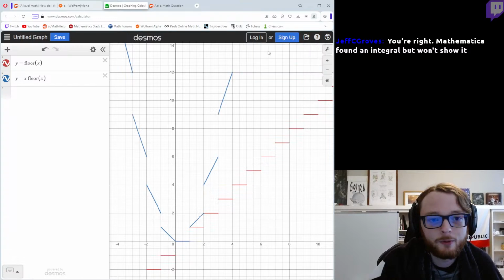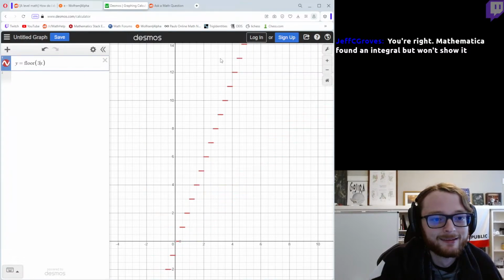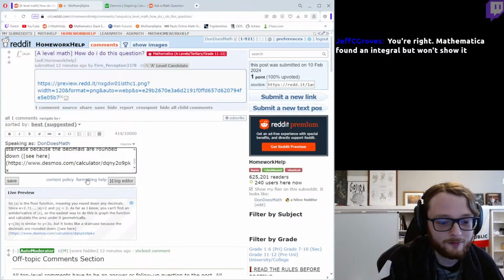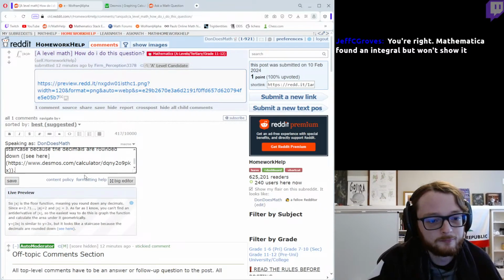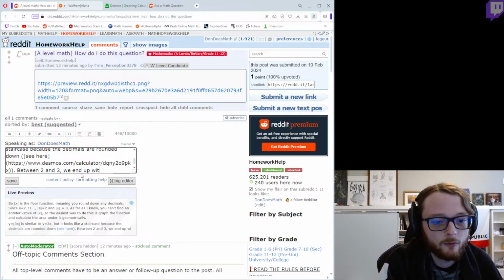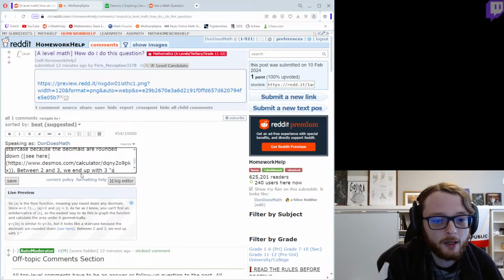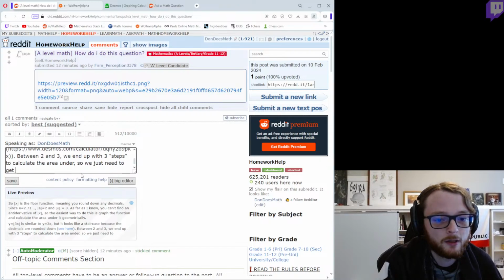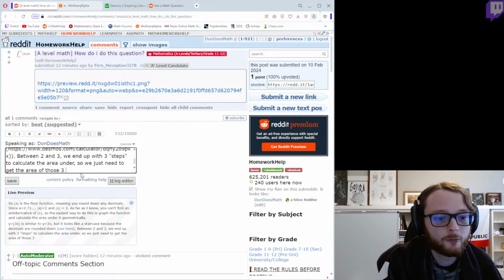Oh, no, I do not want to share that, to not confuse them. Between 2 and 3, we end up with 3 steps to calculate the area under. So we just need to get the area of those 3 rectangles.